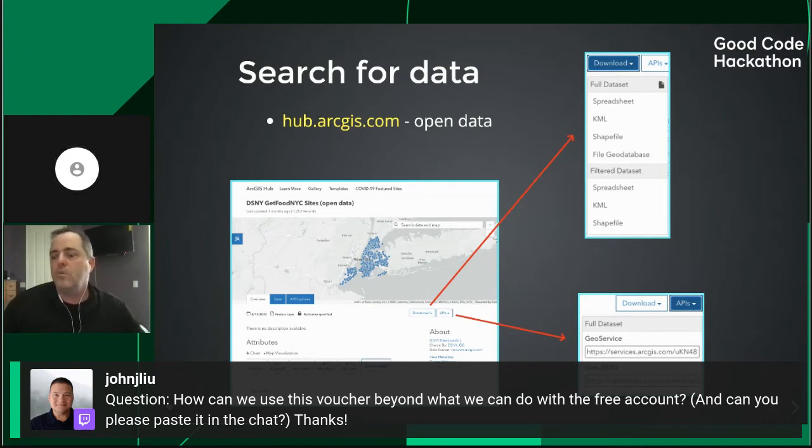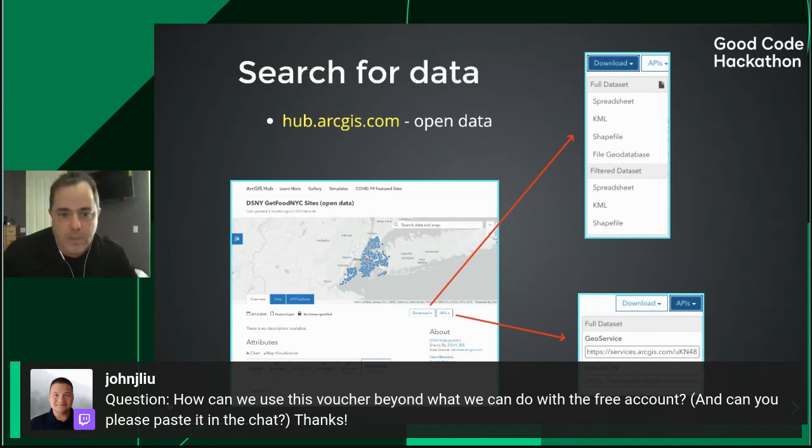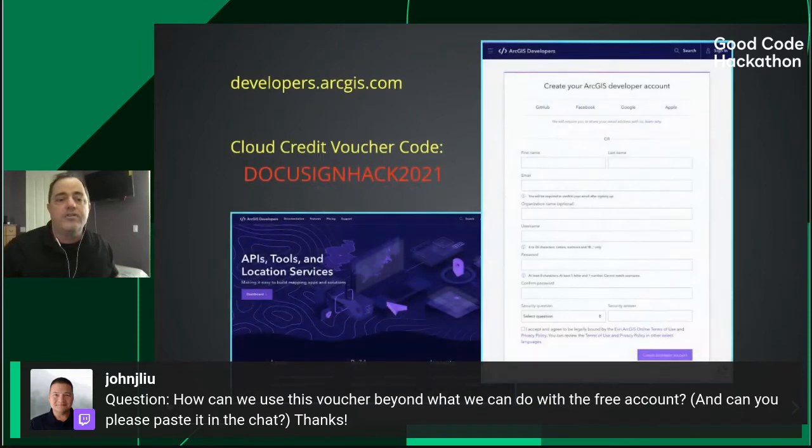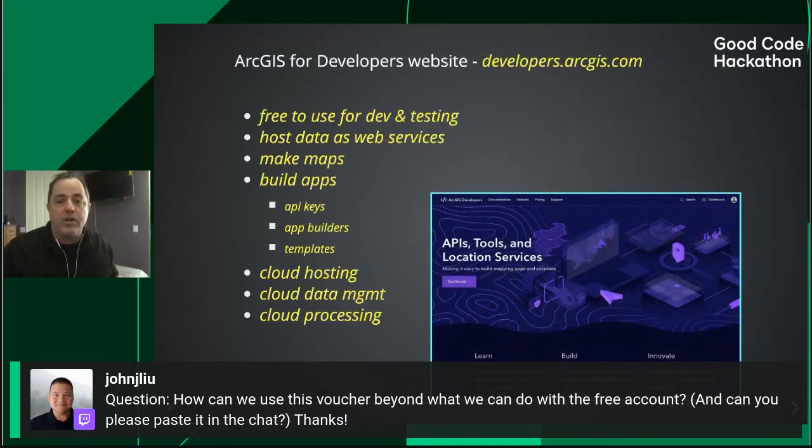Well, I'm not in a position to type right now, but what I can tell you is this: if you go to arcgis.com and get a free public account, you can't use the voucher for that. So I don't recommend doing that. What I recommend you do is go to our developers.arcgis.com site and get a free account there.